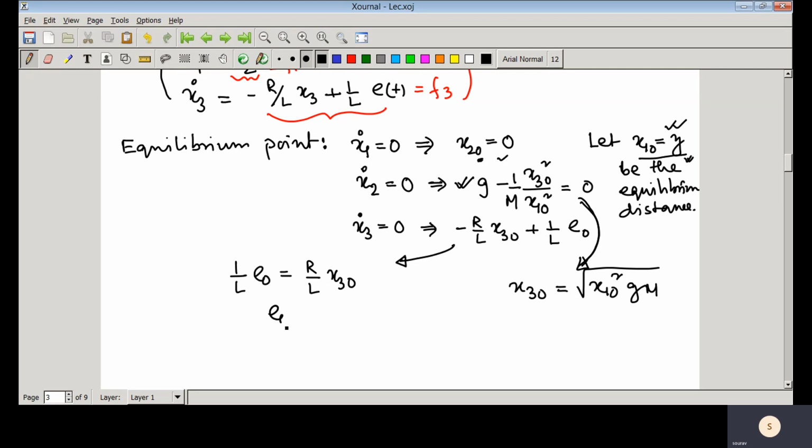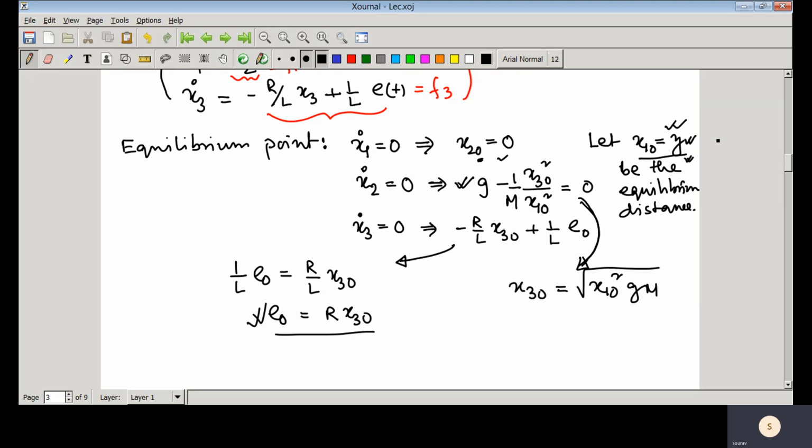So E0 equals R x30. So this is the voltage you need to levitate that ball at 5 centimeters. Suppose we take that distance y as 5 centimeters.